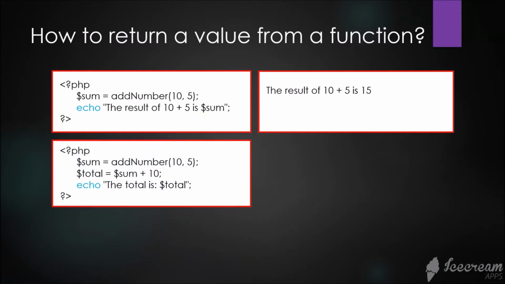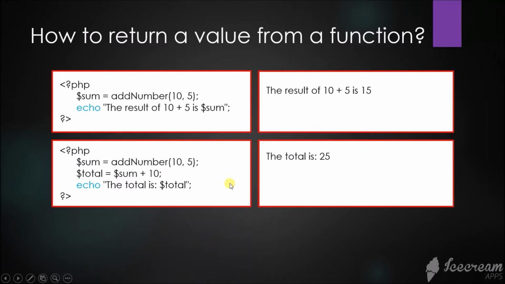Now, another example. So, we call the function. Then here, we try to add 10 for our total. Okay? Then, display the final output, which is 25 na. Okay? So, that's the good thing, guys, on having the return statement in our function.